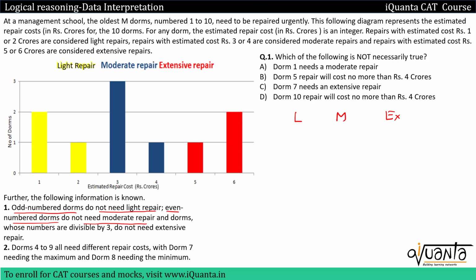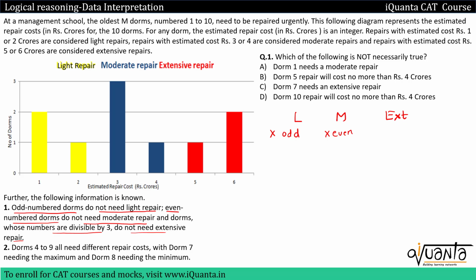That means in light repairs we cannot have an odd number over here, and even numbered dorms, they do not need moderate repair, so here we will not have any even number. For extensive repair, we are given that dorms whose numbers are divisible by 3 do not need extensive repair. So divisible by 3, they do not need extensive. That means those which are not divisible by 3, they will need extensive repair.